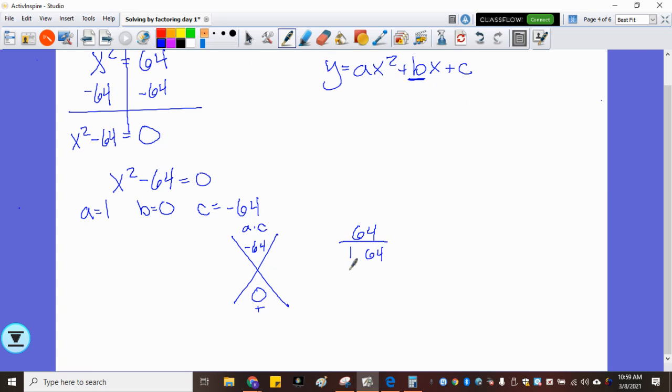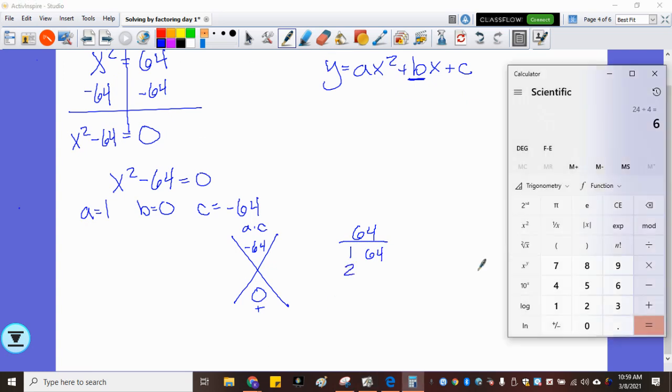1 and 64. 2 and 32. 3 and a decimal, no. 64 divided by 4, 4 and 16.